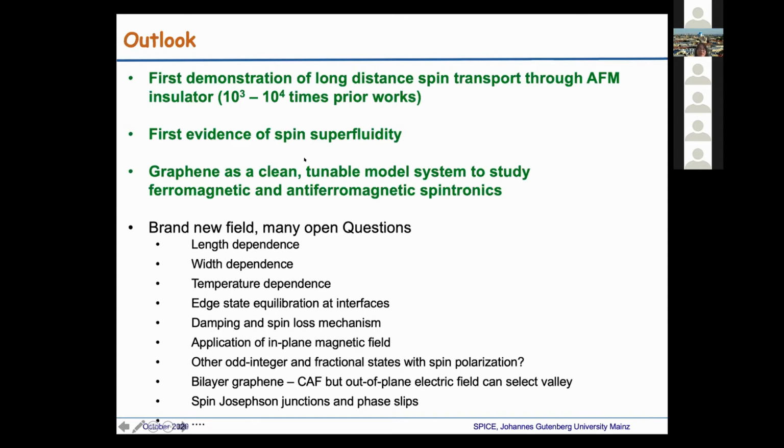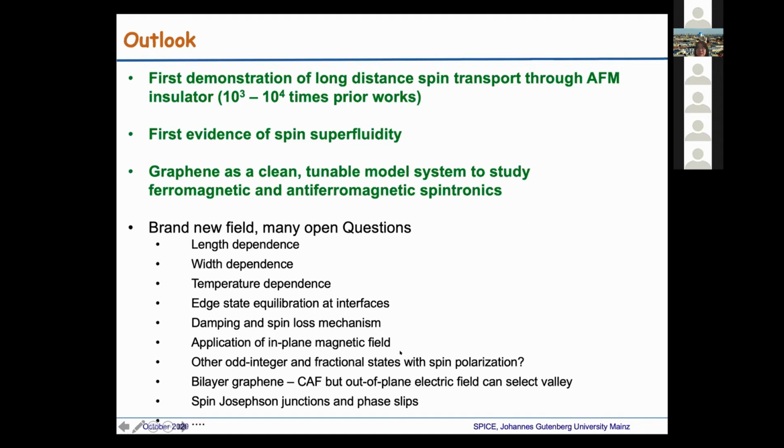And of course, the evidence is not complete, but we have reason to believe that this spin transport is by a collective spin movement, so-called spin superfluidity in this case. So we can use graphene to function as a clean tunable model system to study ferromagnetic and antiferromagnetic spintronics.